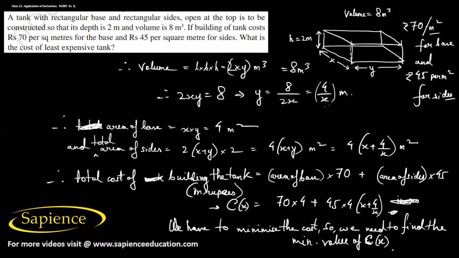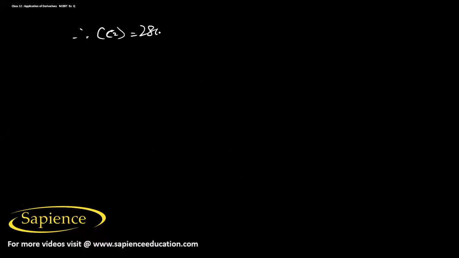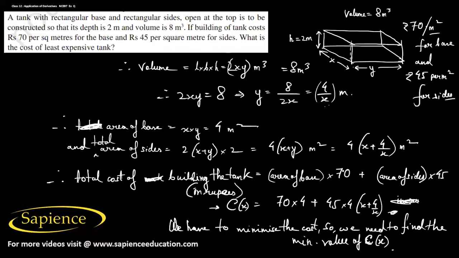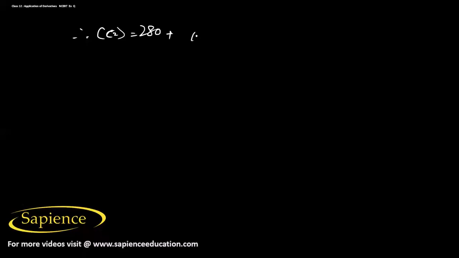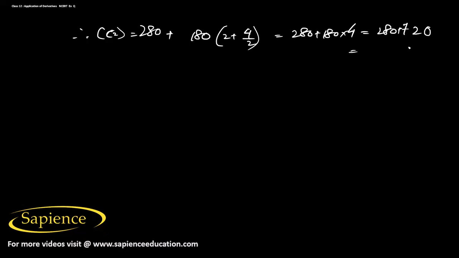Therefore c of 2 will be equal to 280 plus 180 into 2 plus 4 by 2, that is 280 plus 180 into 4, which is 280 plus 720, that is 1000.